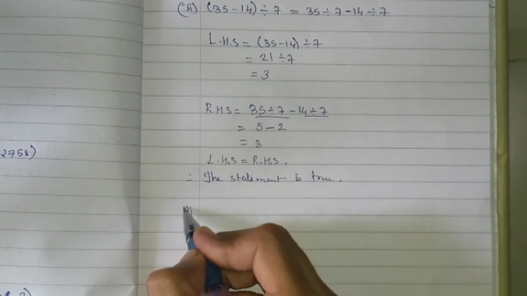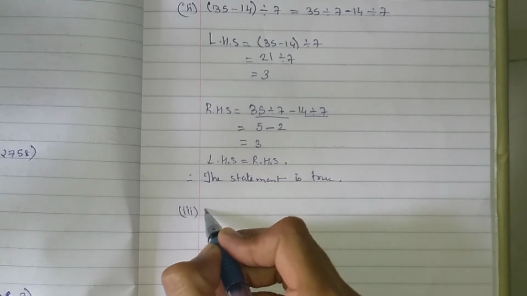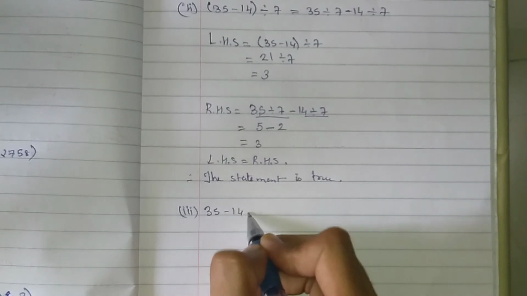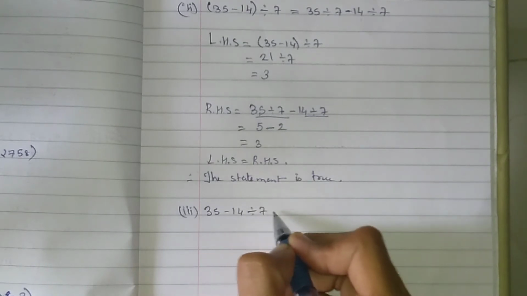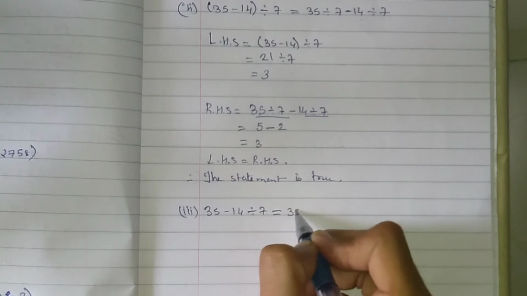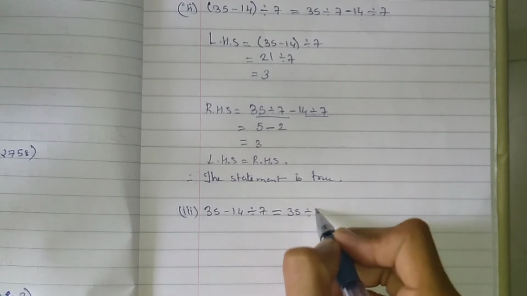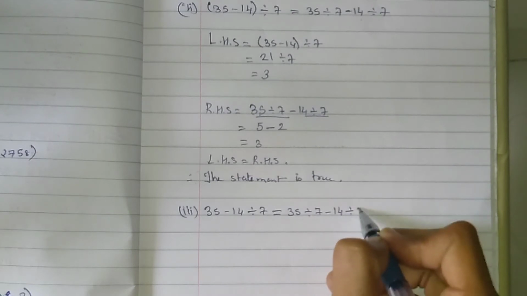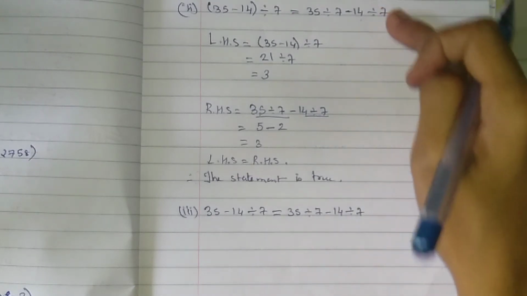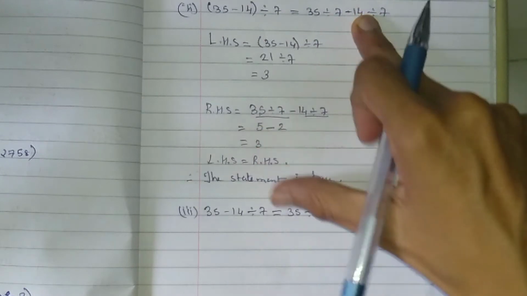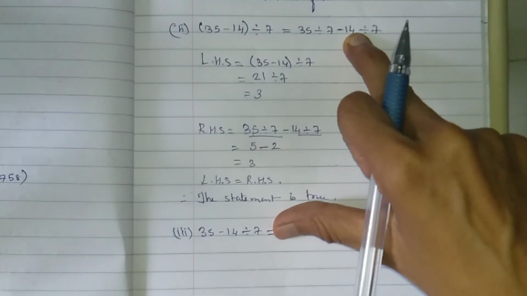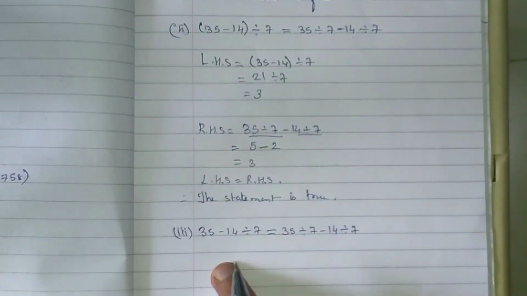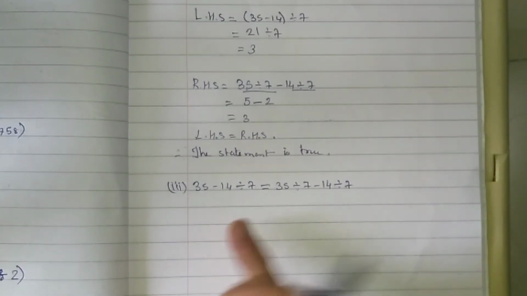Now third one, 35 minus 14 divided by 7 equal to 35 divided by 7 minus 14 divided by 7. See, this is same question, but here it is bracket, here it is not. See how much difference if the bracket is not there.